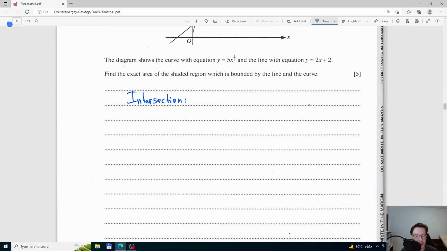So the intersection happens where the y coordinates are equal. Remember, power of 1 over 2 means square root, so 5 square root of x equals 2x plus 2.